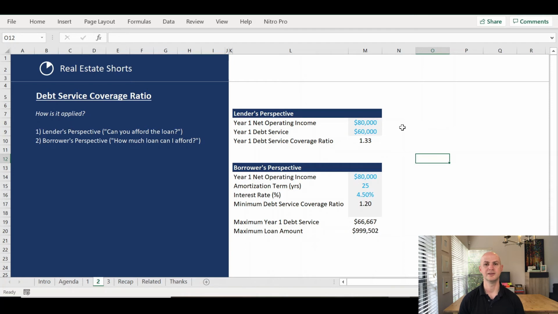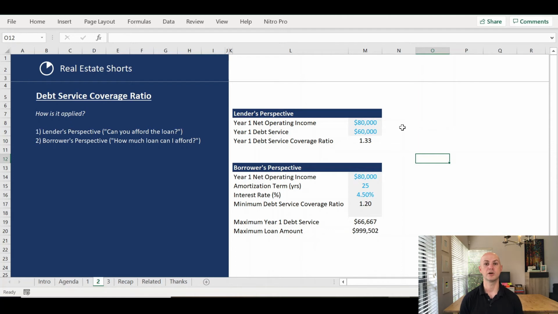So the lender, if they feel very comfortable with the borrower, very comfortable with the market, very comfortable with the property, may require a lower debt service coverage. They're not going to require as much income to cover. I think the real rationale here is, what happens if you lose a tenant?